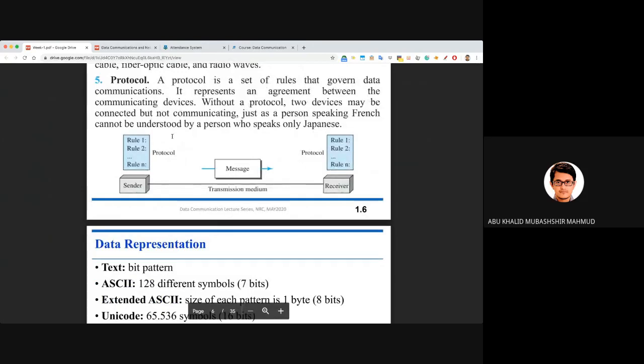Data communication system has 5 components. When you answer this question, this figure is a must.